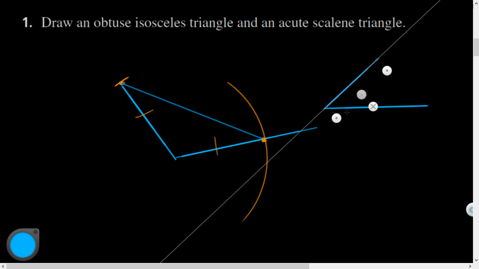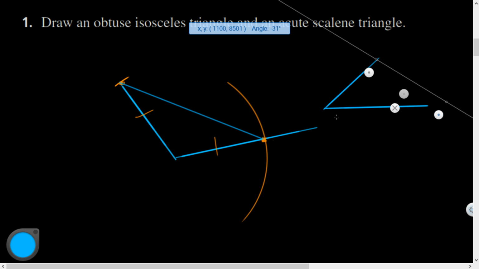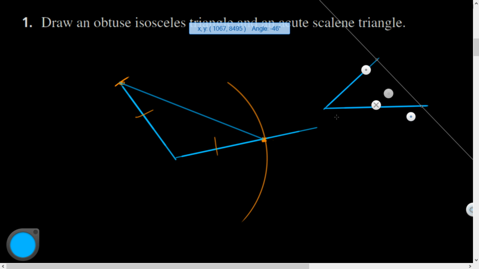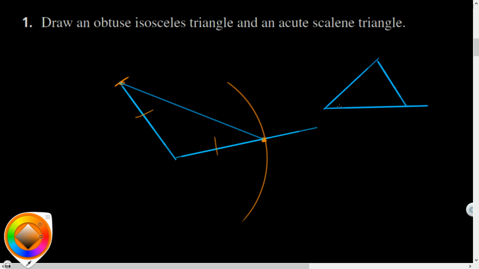This is trickier than I thought. Well, this third side I can work with here. At some point, that looks like obtuse. 90 would be right about there. So I've got to, yeah, something like this. Right, and then just make sure that if I was to measure it, these sides are all non-congruent to each other. Wow, guys, aren't you just happy to be working with triangles? Good times.